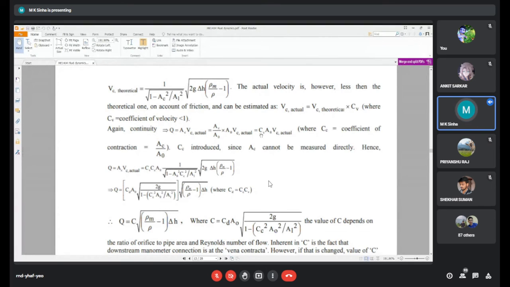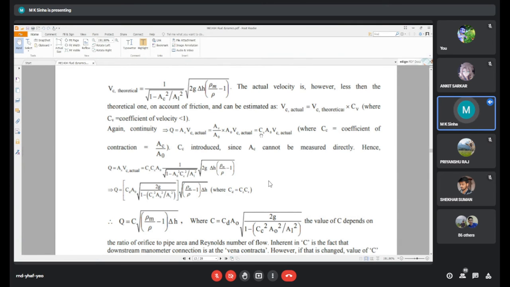Hence the discharge equals AC VC actual, equal to the coefficient of velocity times the coefficient of contraction times the minimum area of the orifice meter, times 1 by root under 1 minus A naught square CC square by A1 square.